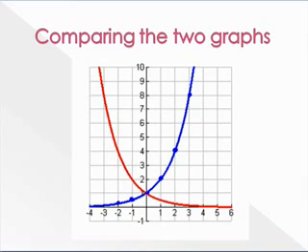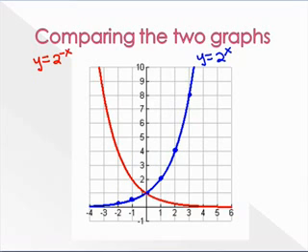So the blue graph, the equation was y is equal to 2 to the x. Whereas the red one is where we put y is equal to 2 to the negative x.